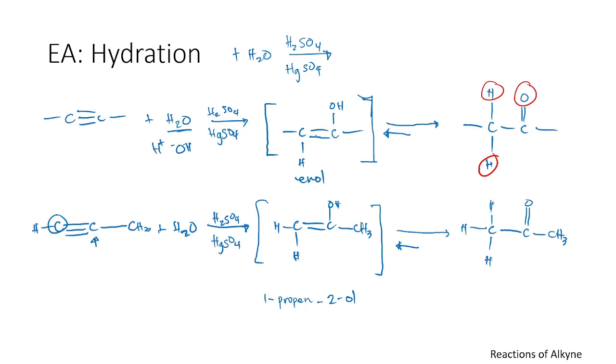So basically, we have propanone. Okay, so that is our hydration. I apologize if it is getting a bit complex. Again, this process is what we call keto-enol tautomerism.